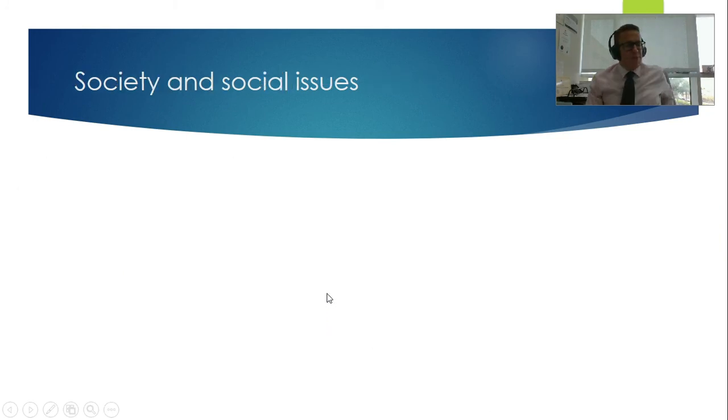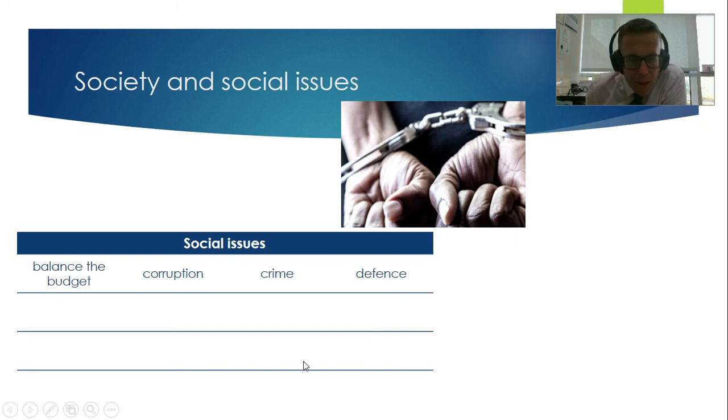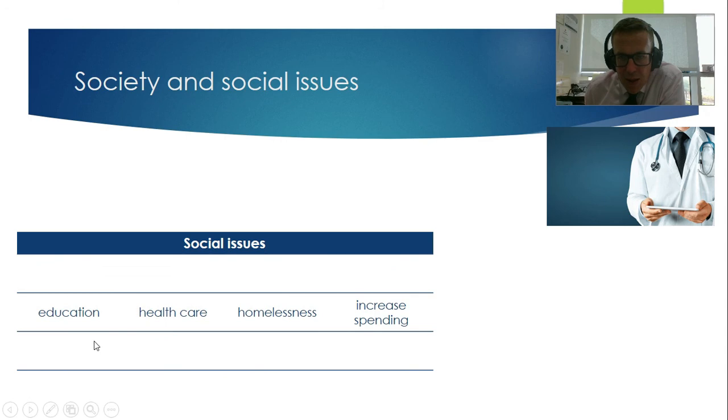Next was vocabulary on society and social issues. So, social issues, here's some pictures to help. Balance the budget, corruption, crime, defense. This picture here was crime. Next one's education, healthcare. This is the picture here.